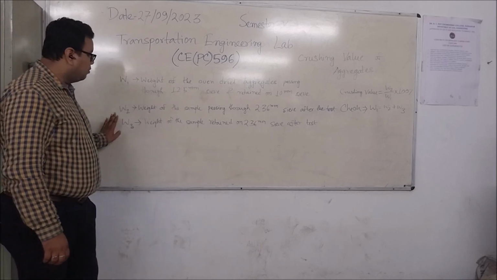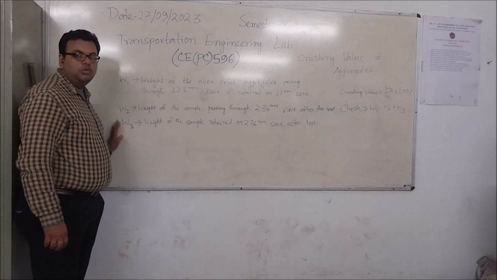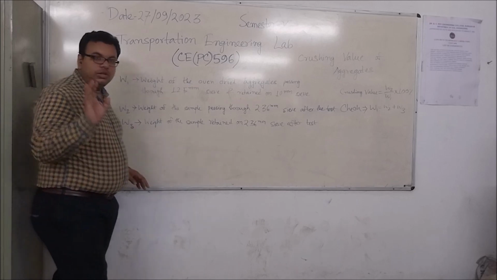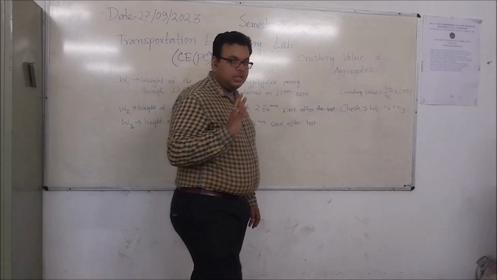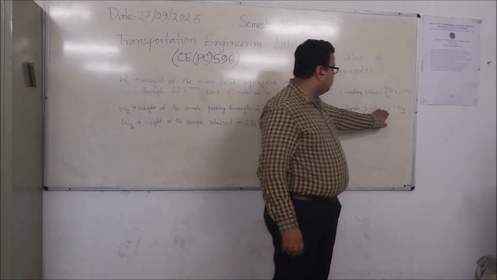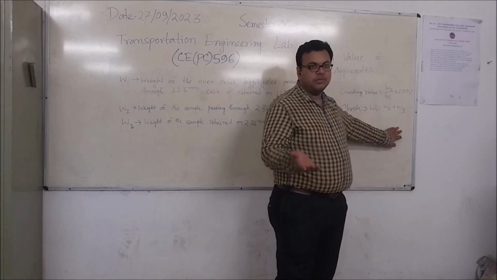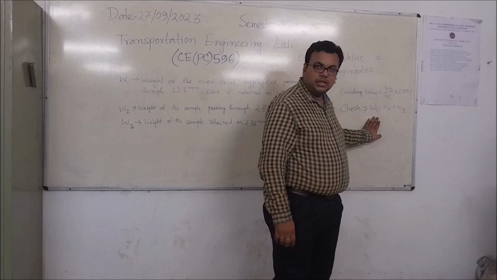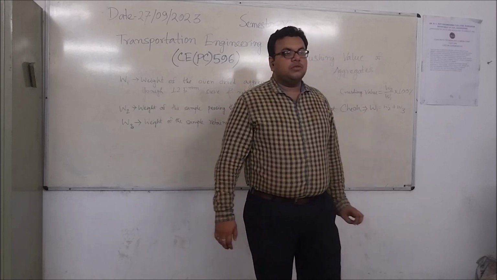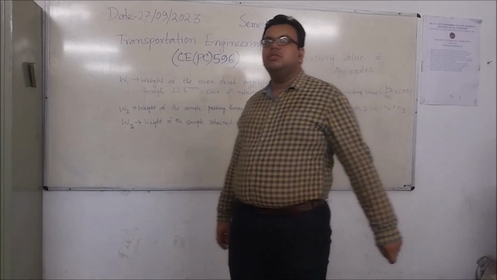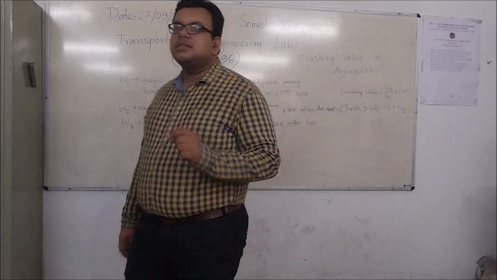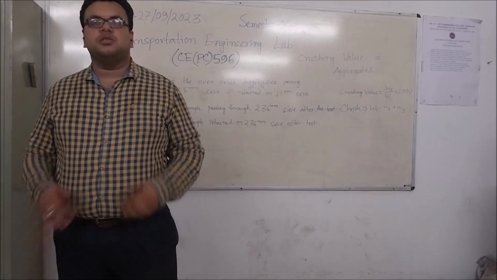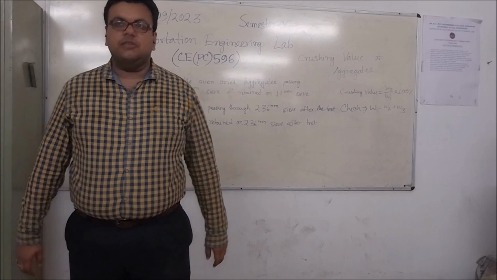Now with this W2 and W3, we need to do a check. Ideally, the summation of these two equals W1. Sometimes, due to the flushing of the aggregate, some dust particles may also come out if they are flushed too much.